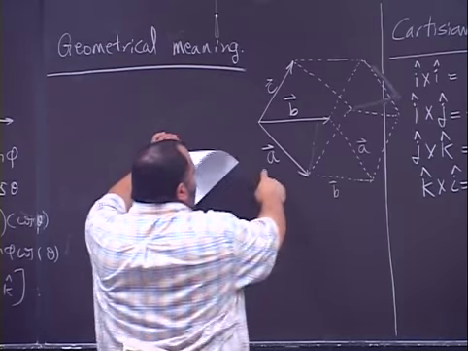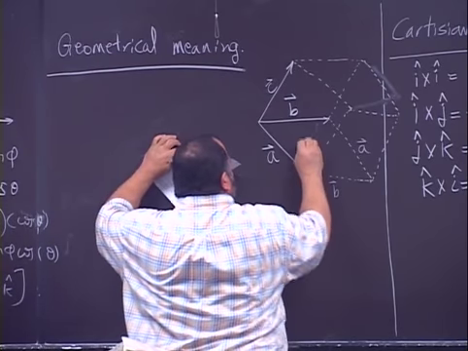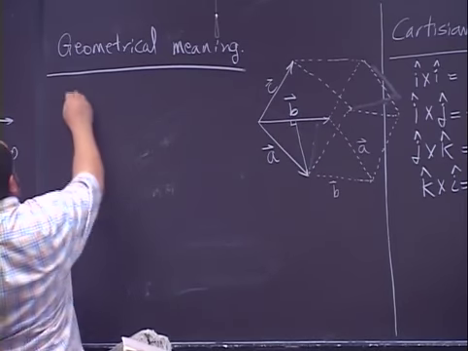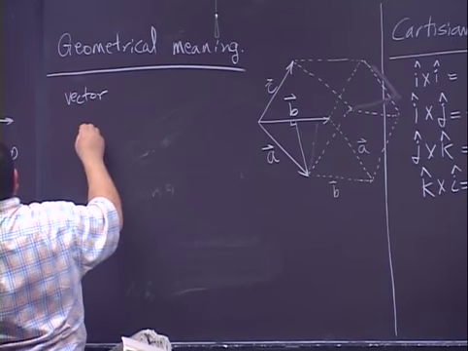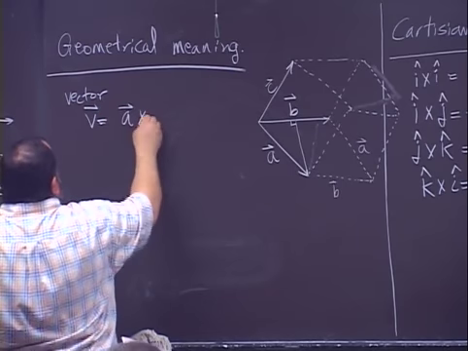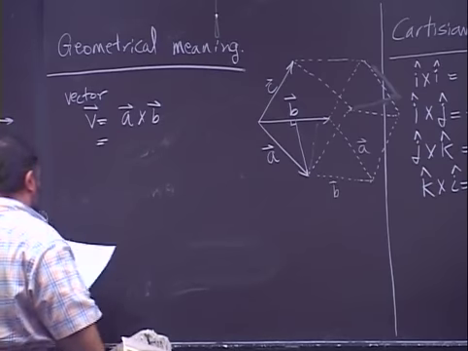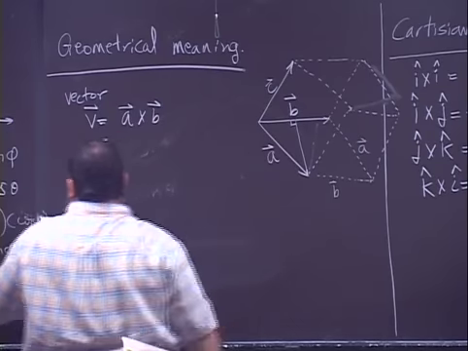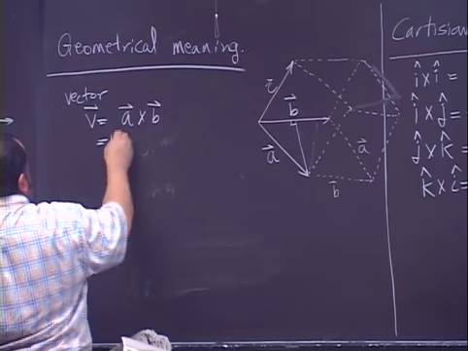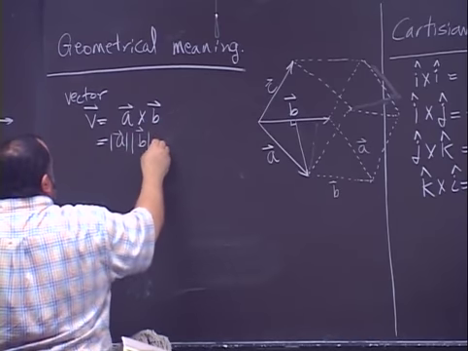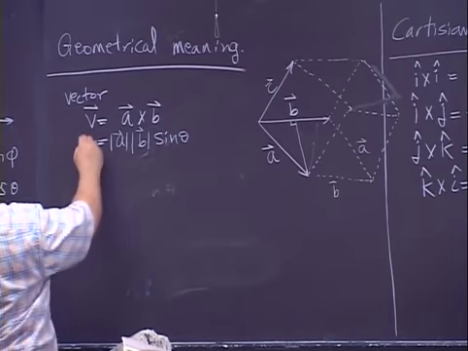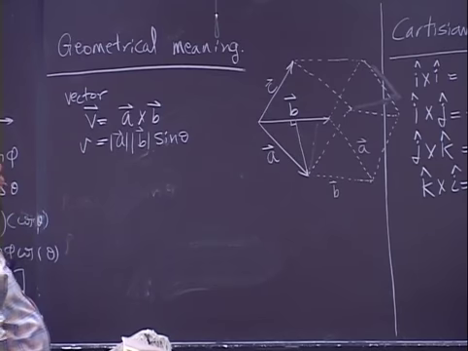So let's look here. This is the perpendicular to the base. So let's say vector V is the cross product of A cross B, and this is nothing more than AB sine theta. So the magnitude of vector V is just AB sine theta.